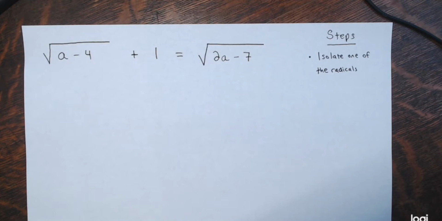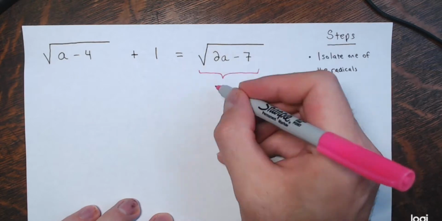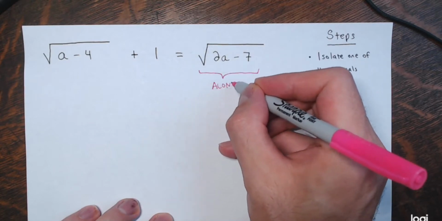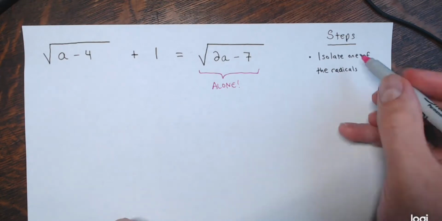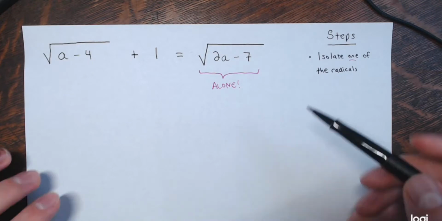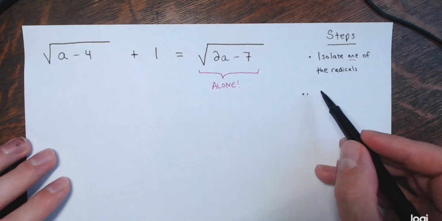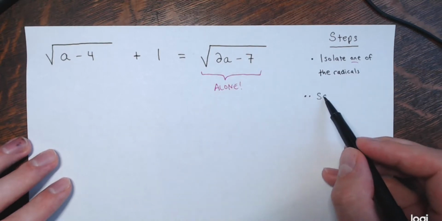You see how this right side, this radical, this square root is already alone. It's already isolated on the right side. Alright, so isolate one of the radicals. Totally done. And since these will be square roots, I want to undo that radical. We're going to square both sides.